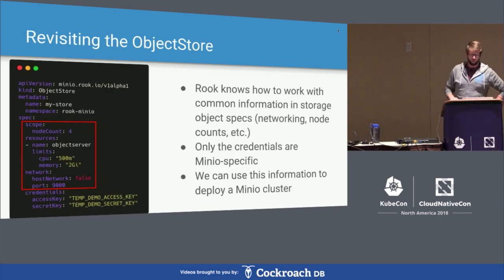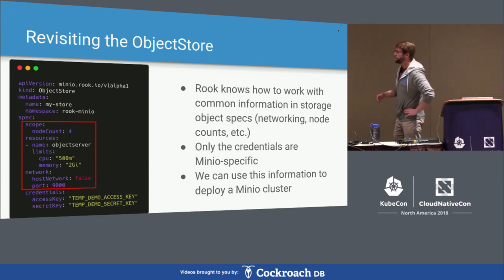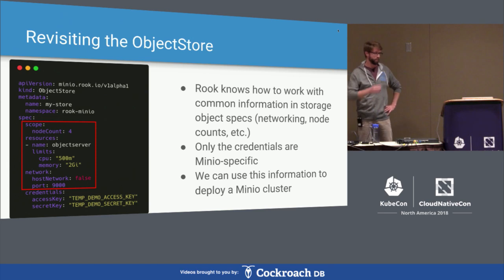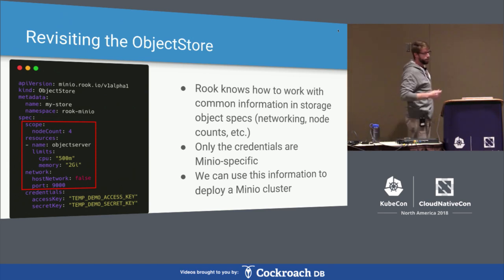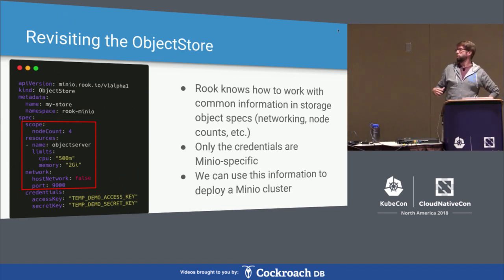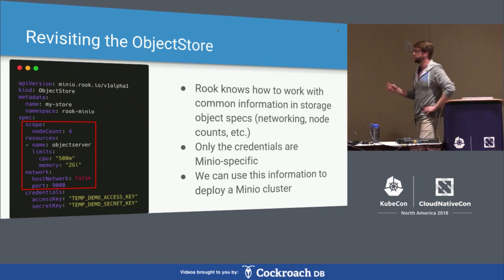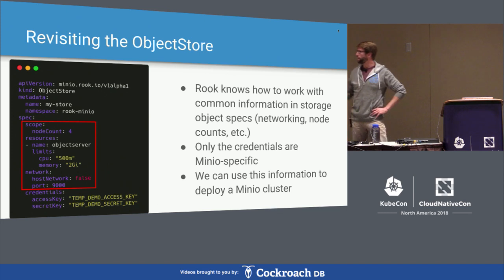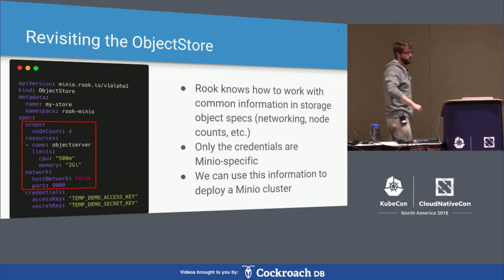So let's take a little bit more of a look at what some of the more complicated specs look like. We looked at a very contrived example at first. But right here, this is how you start declaring a little bit more configuration about your storage system. What are the important things that the operator would need to know in order to make that storage system the way that you want it to happen?